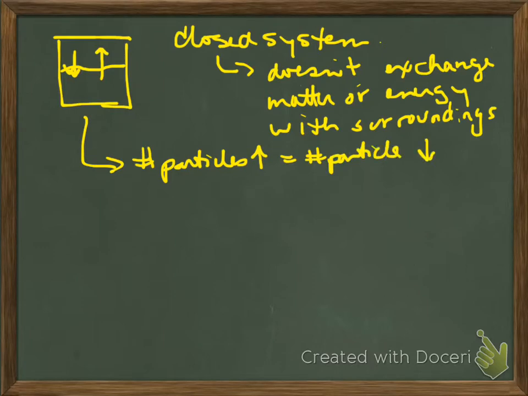So the number of particles going into the vapor phase is going to equal the number coming back down into the liquid phase. I think I said that wrong the first time. All right, and this is really an example of a dynamic equilibrium. I do still have movement of particles, but the rates are the same. The number going up into the vapor phase equals the number coming down into the liquid.